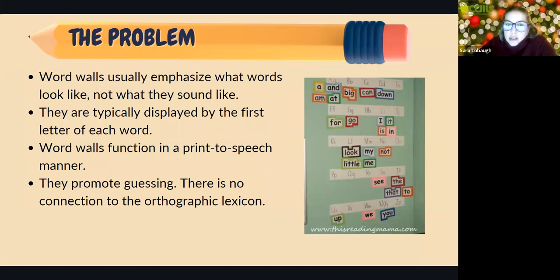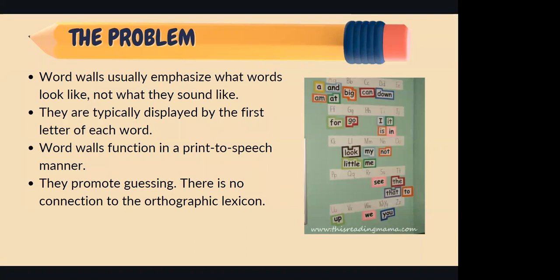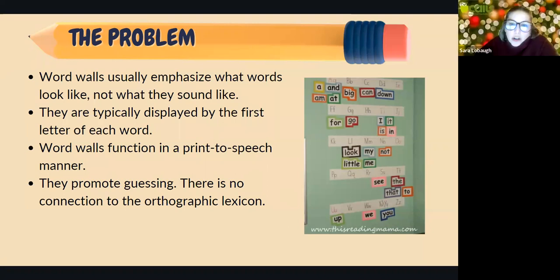Word walls assume that students already know the print to match the sound. So word walls actually work backwards from print to speech instead of from speech to print, which can be very confusing and difficult for students, especially those who are having difficulty learning to read or having difficulty learning the code.